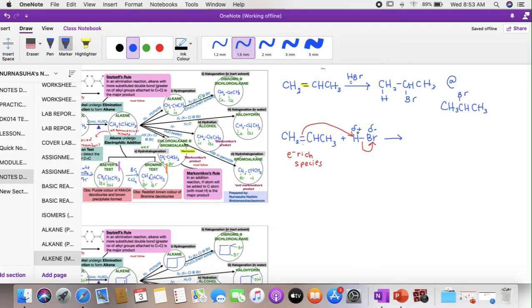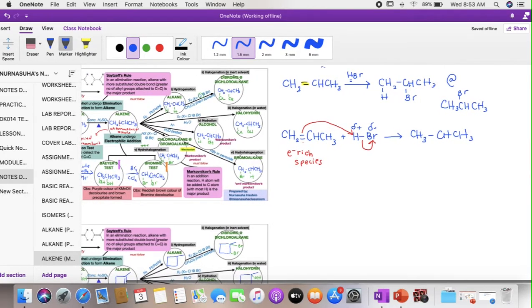So, patah balik, hydrogen akan pergi ke carbon yang banyak H. That's what Markovnikov said. So, Miss akan tulis dia CH3. Okay, double bond jadi single bond. CH, CH3.